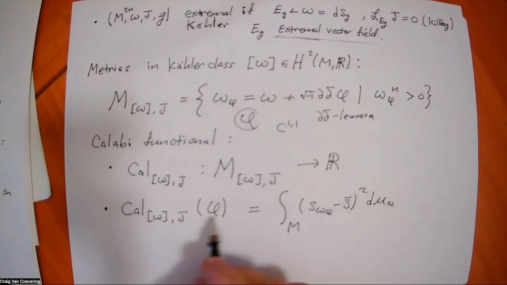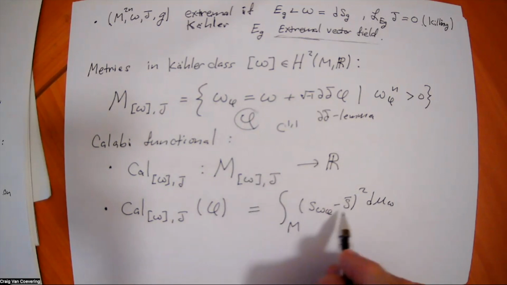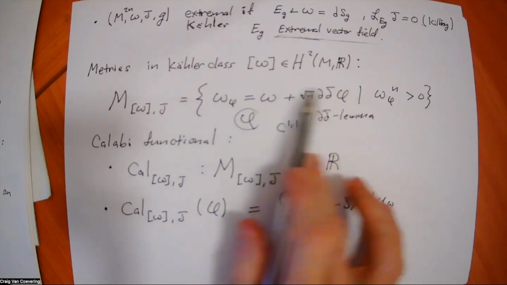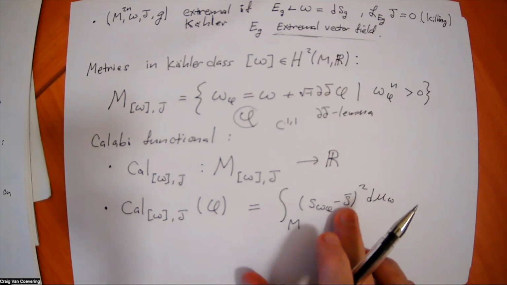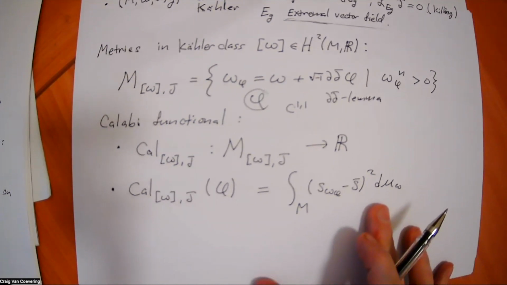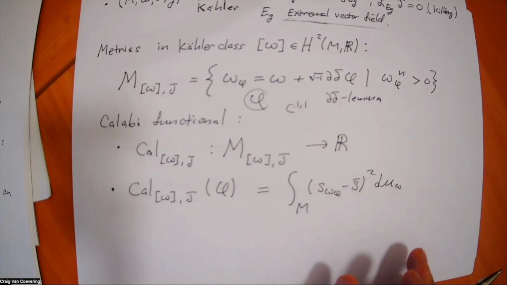It's the squared L2 norm of the scalar curvature of each metric in this space. I normalized it by subtracting the average of the scalar curvature, which only depends on the Kähler class, but that's not really necessary.